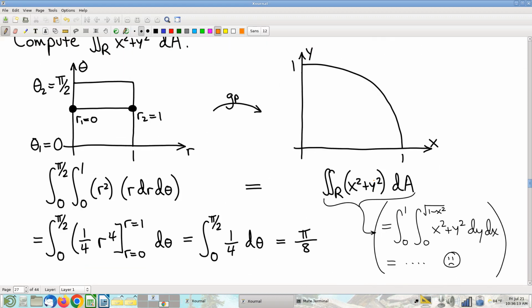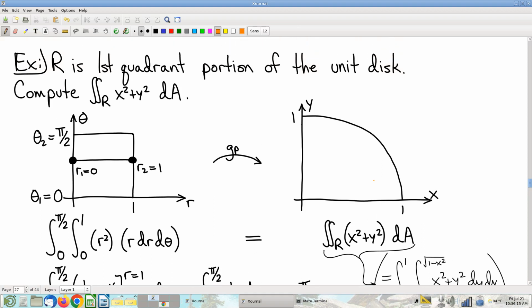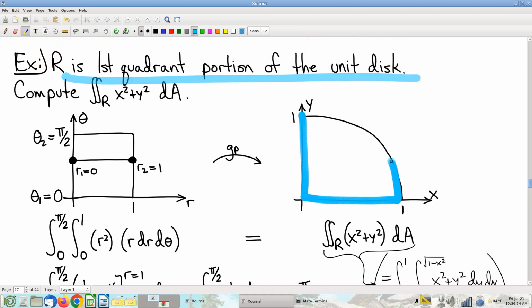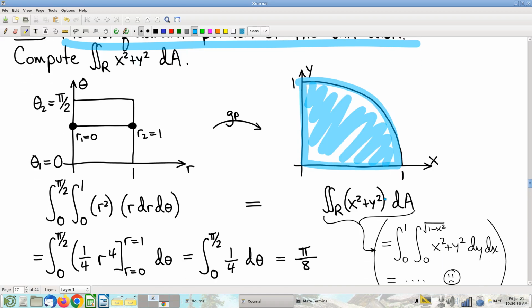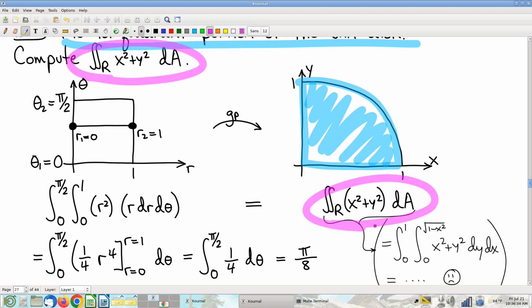All right. So, let's do it. Here is a domain. First quadrant portion of the unit disk. So, there's our domain. Over that domain, I want to compute this integral right here. And now let's just, for a quick moment, consider how we would do this integral the old-fashioned way.